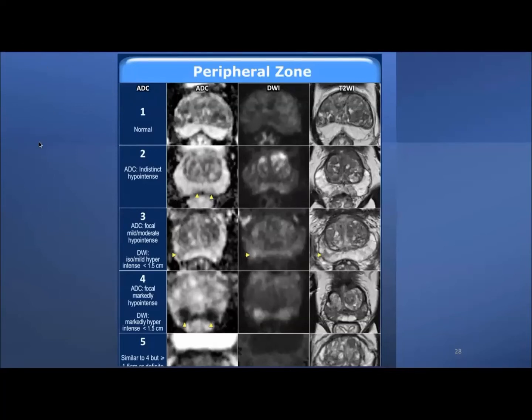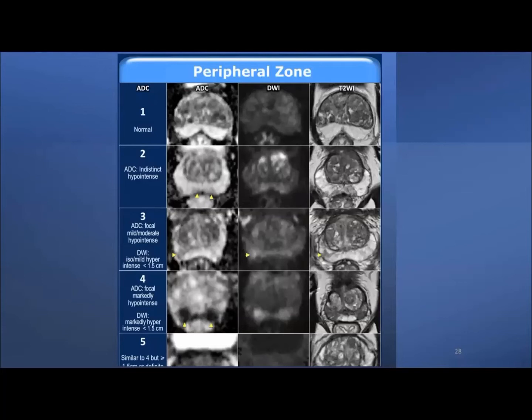This appearance for transitional zone is going to be given a score of 1, and for PI-RADS 2, giving a score of 2, these lesions may not show a typical encapsulation, or they appear as atypical nodules, which may have mild hypointense areas within or between the nodules.